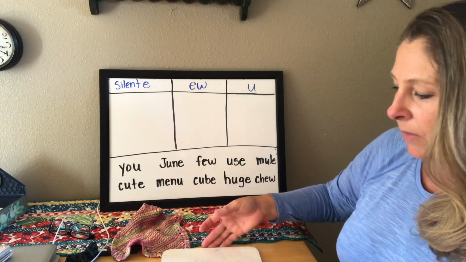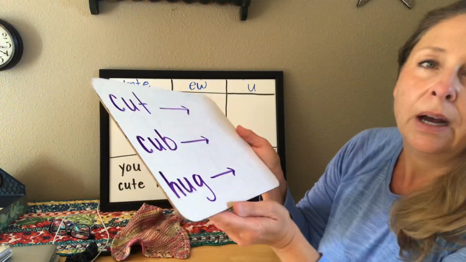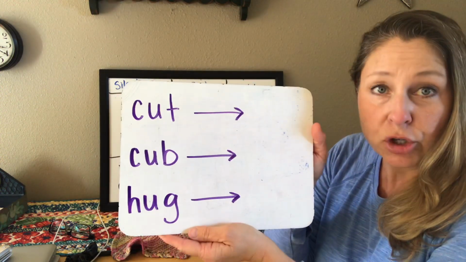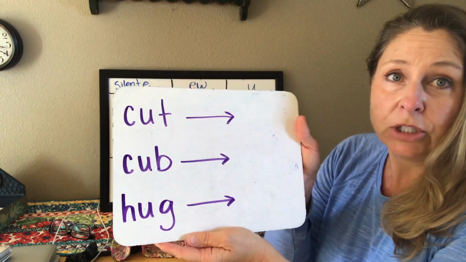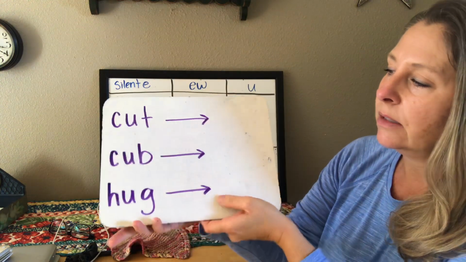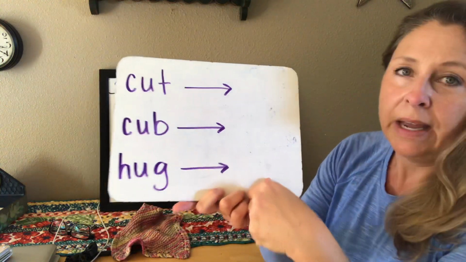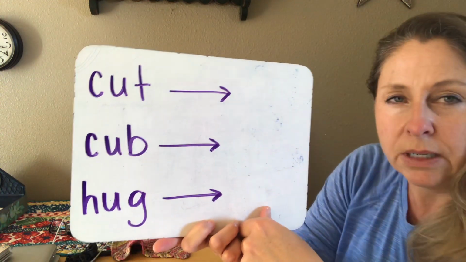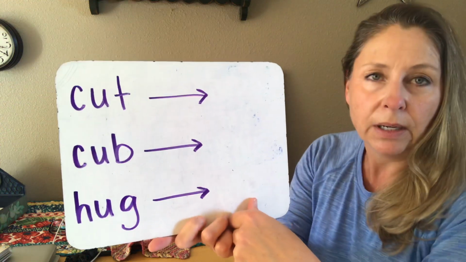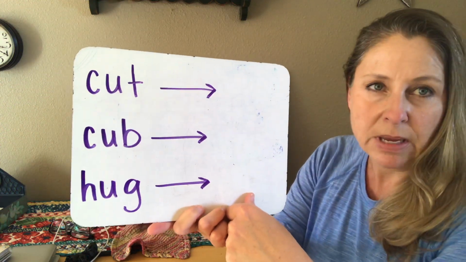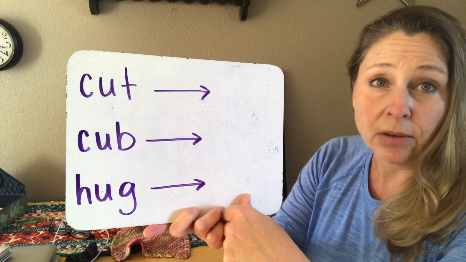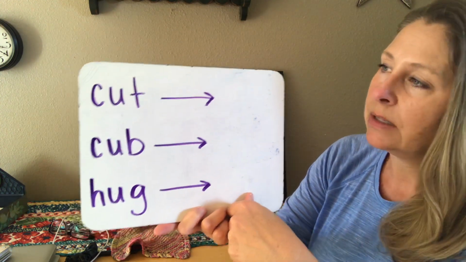So let's review our short vowel sounds before we change these short vowel sounds into the long vowels. I have 3 kindergarten words here that you should be able to read. Each letter is making its letter sound, so they're sound-out words.